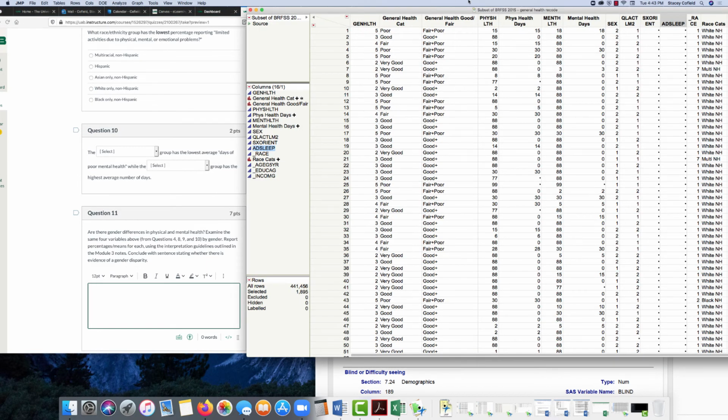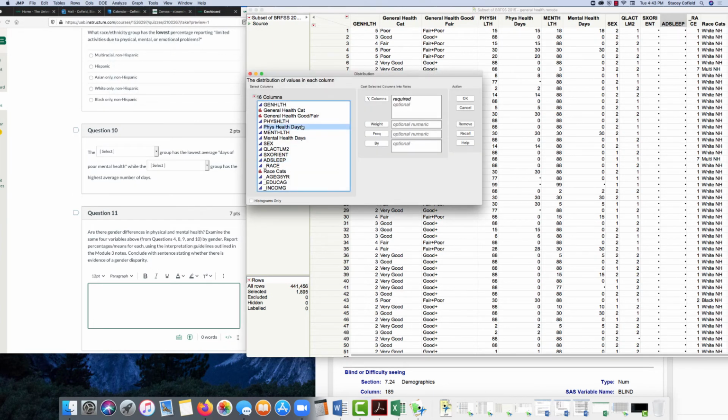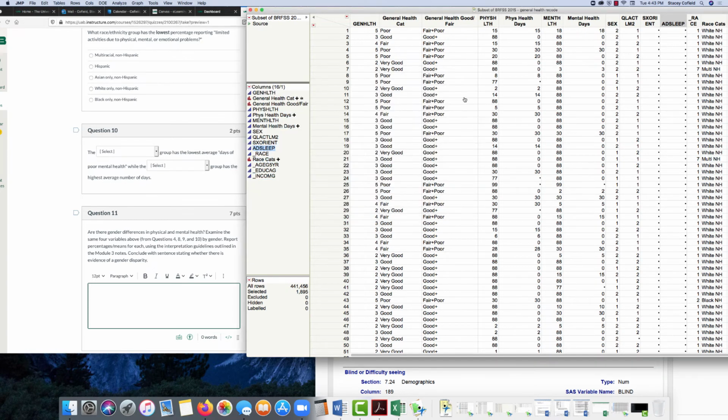Again, we have already recalculated or recoded the mental health days and the physical health days. And now I want to look at it by race. Analyze, Distribution, days physical health, days mental health, by race categories.